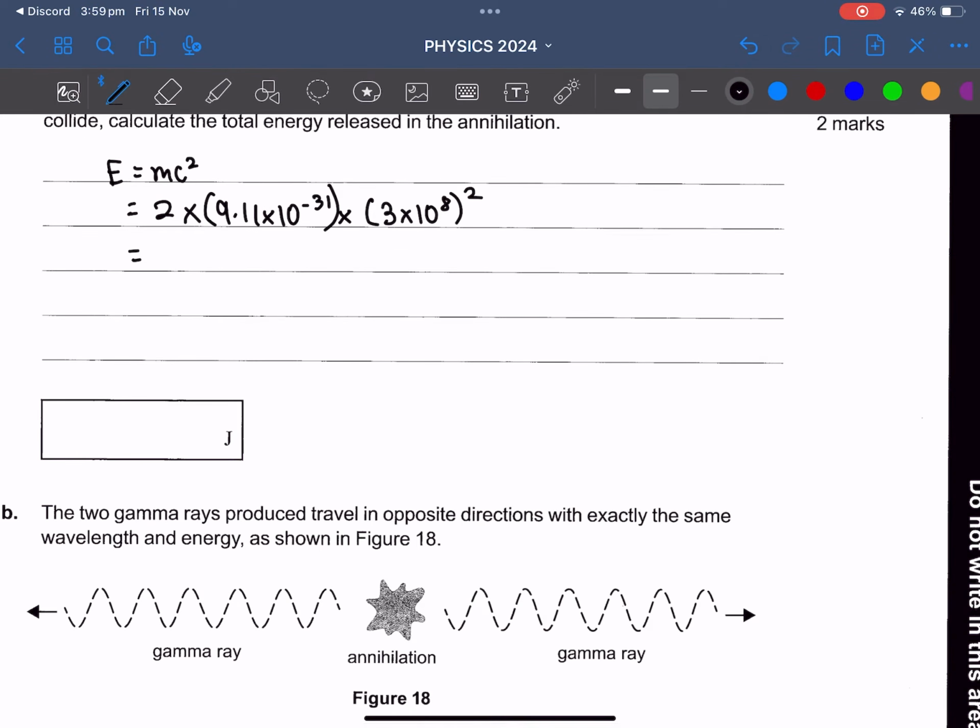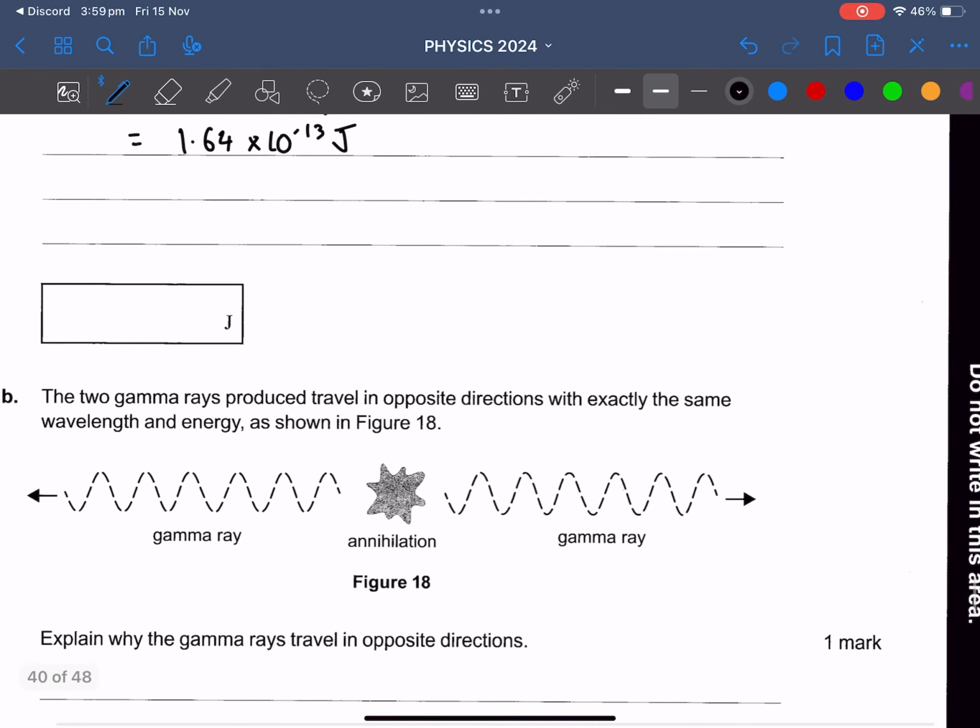Putting that in my calculator, I get 1.64 times 10 to the minus 13 joules.